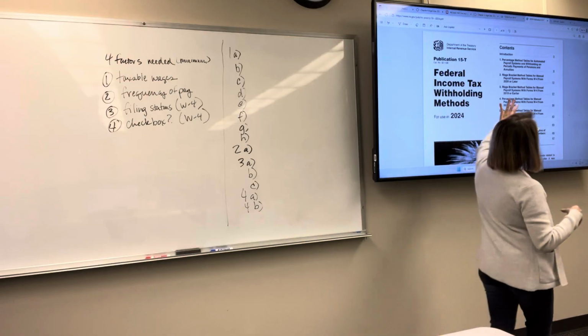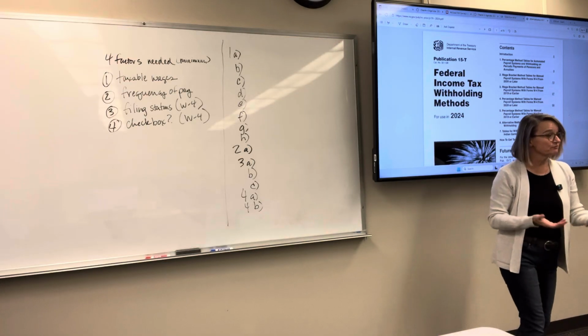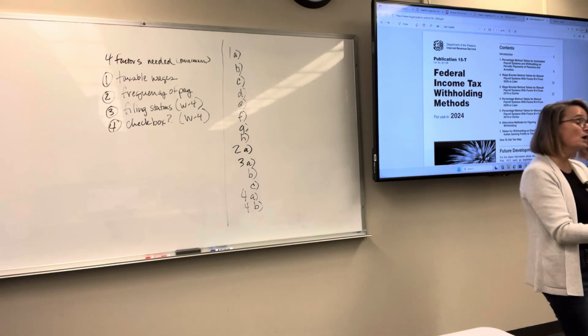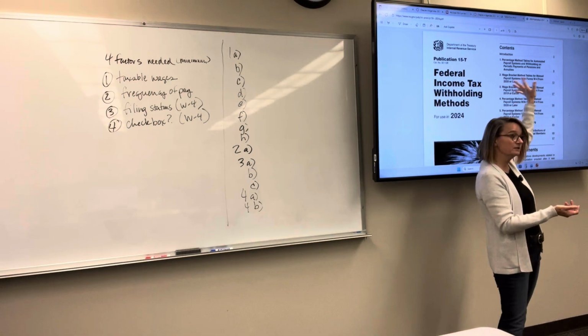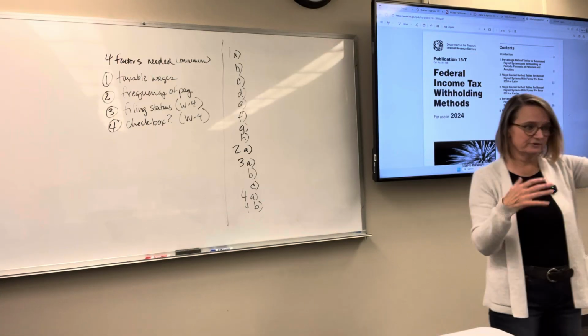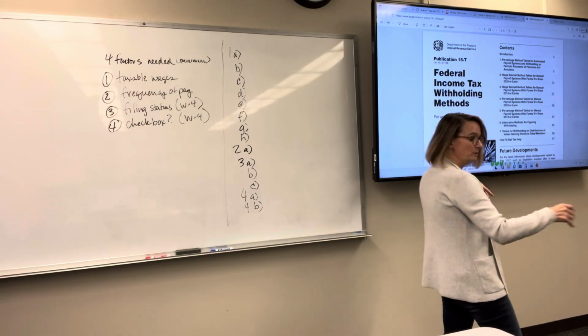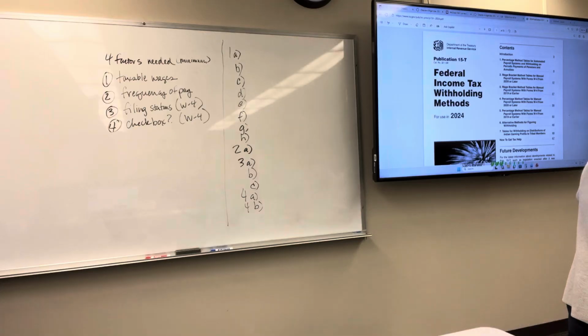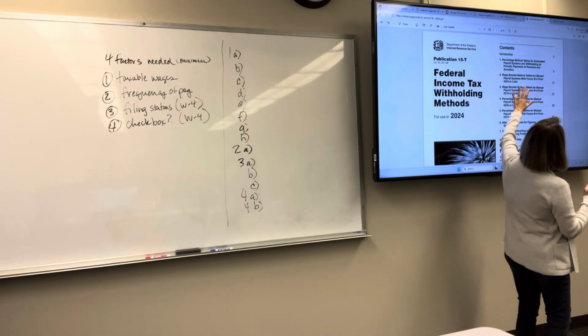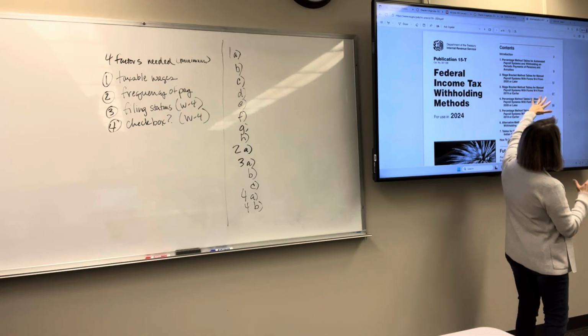Because we do still have W-4 forms that employees filled out from before that time, we also still have the alternative calculations that we're going to go through at the end of this chapter, to give you a little bit of review of how we used to do it, and how we still do it if the employee still has an old W-4 form.